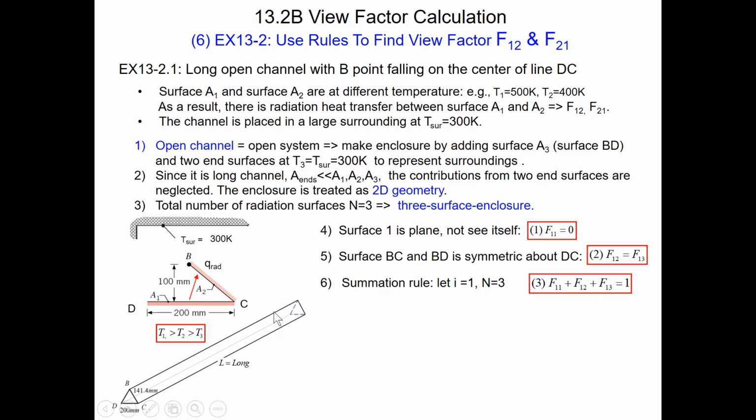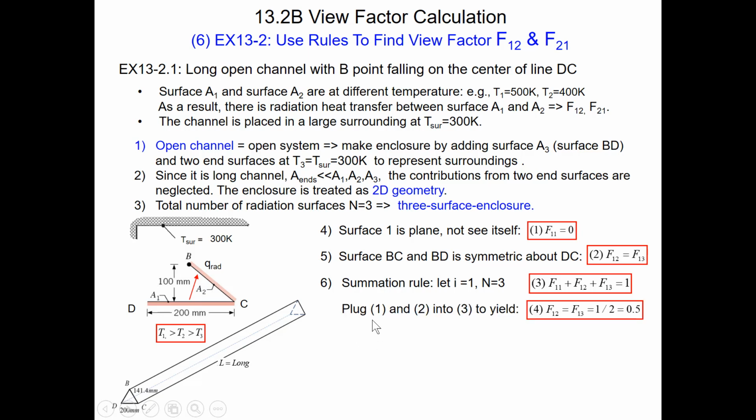Step 6. This is a 3 surface enclosure. We will apply the summation rule. We let I equal 1, which means we focus upon surface 1, and the summation rule states F11 plus F12 plus F13 equals 1.